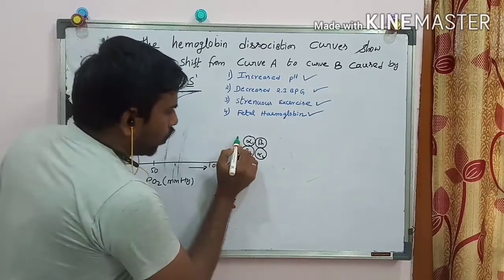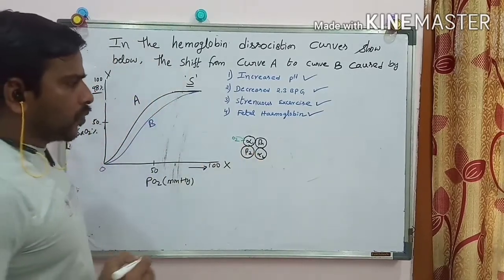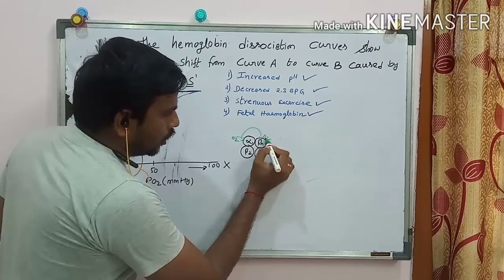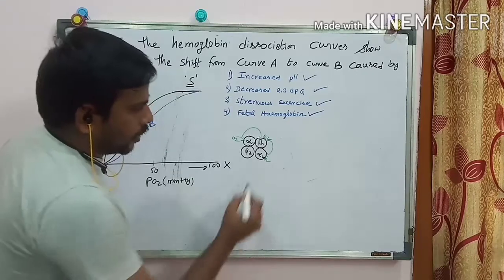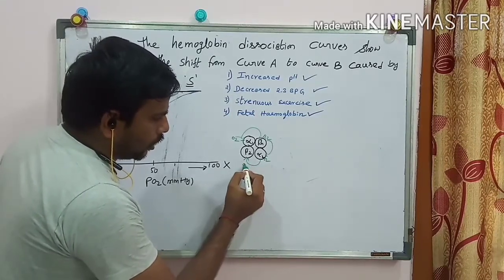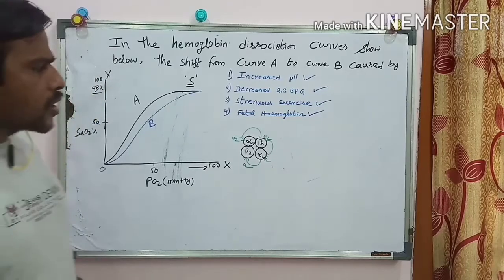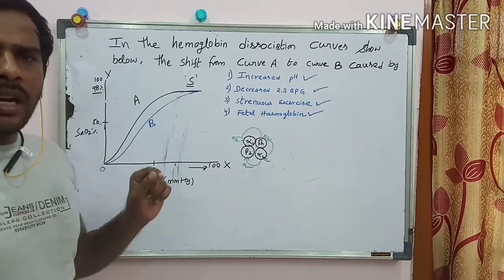Once one oxygen molecule is bound to any subunit, that can trigger the other subunit to bind oxygen, and this can trigger the next subunit to bind another oxygen, and this can trigger this one to bind one more oxygen. So each subunit cooperatively helps the other subunit to bind oxygen.